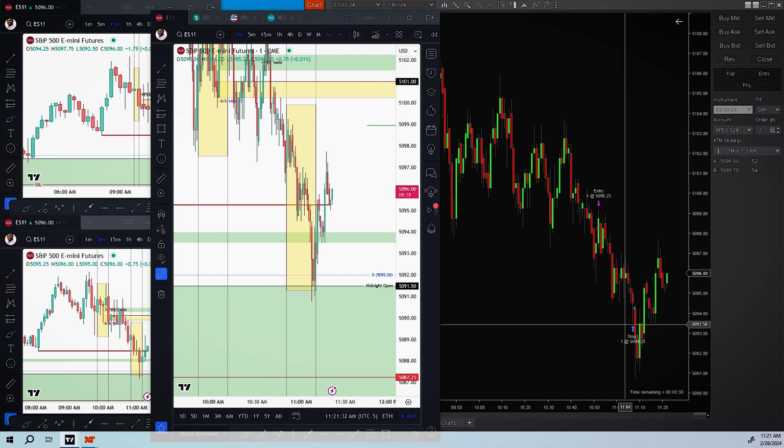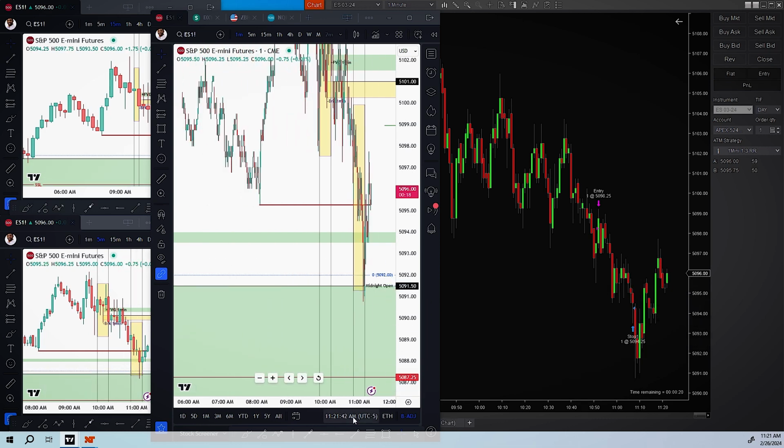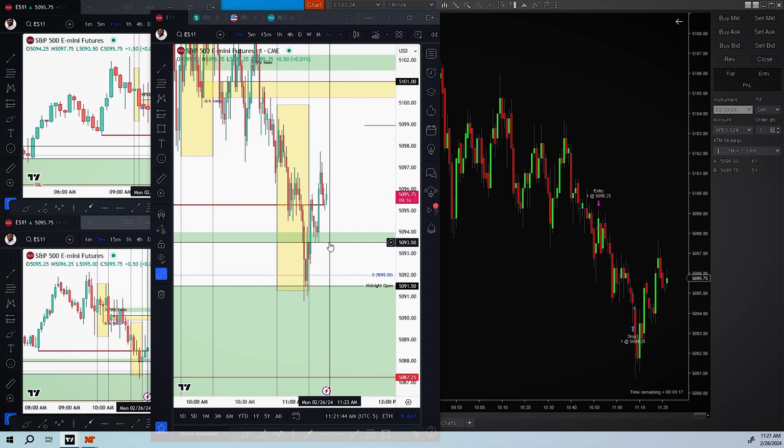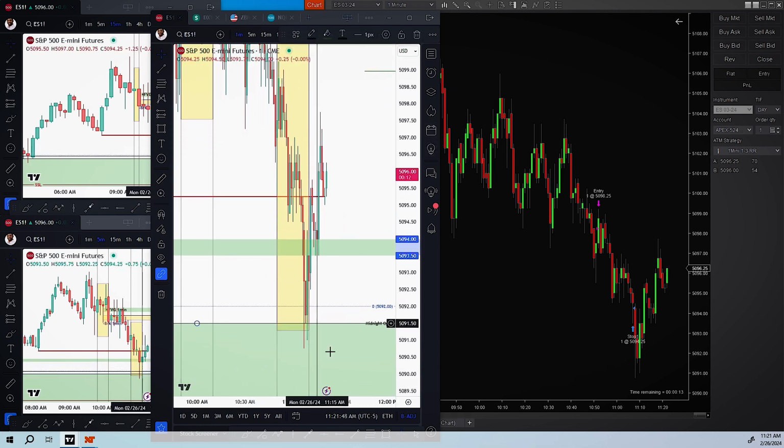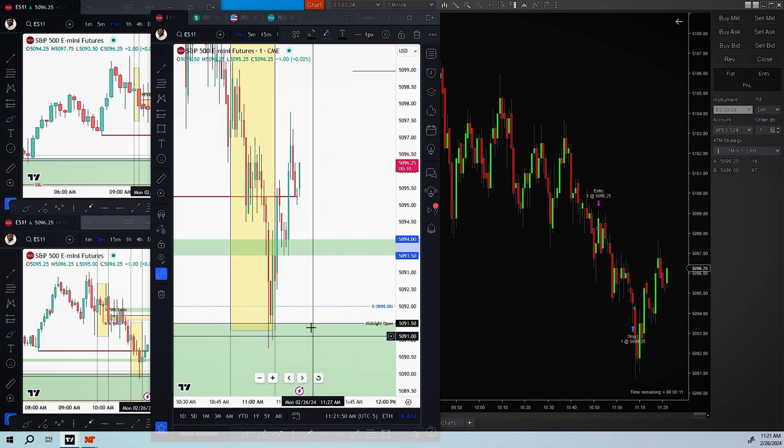Hindsight, if I would have left my stop up there, I would have got the 5. But since price was so choppy, and we had this fair value gap right here at 53.50, that's why I set the ATM.